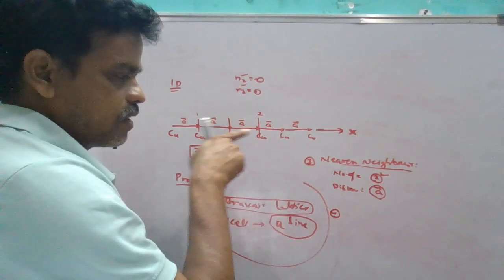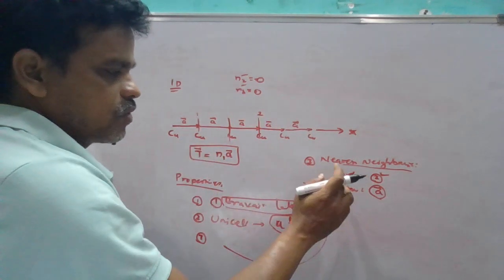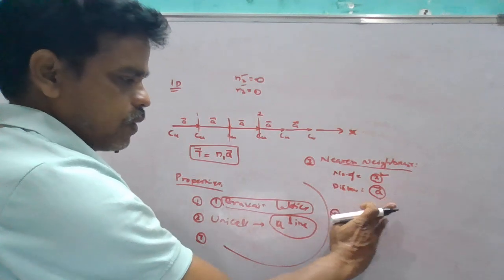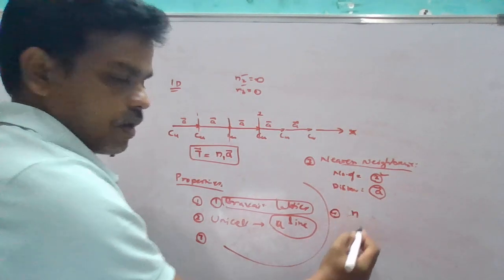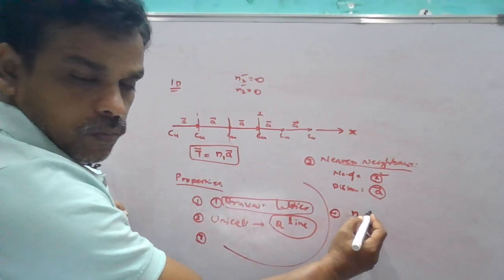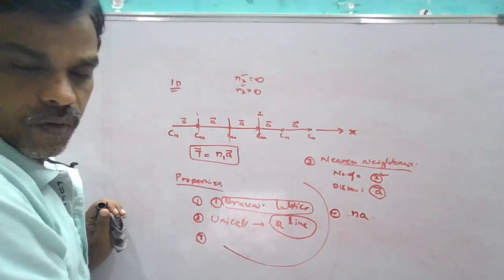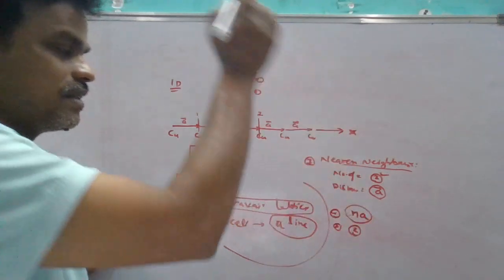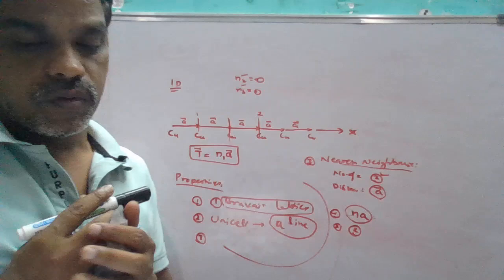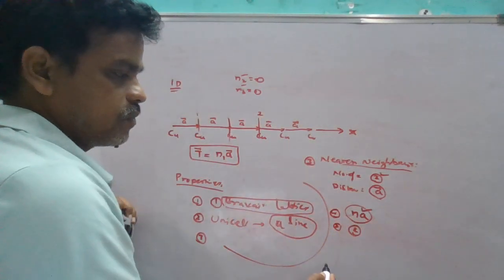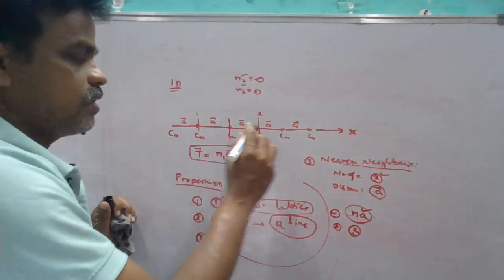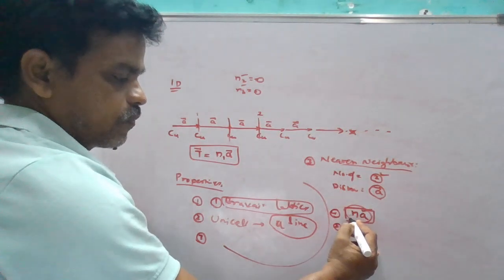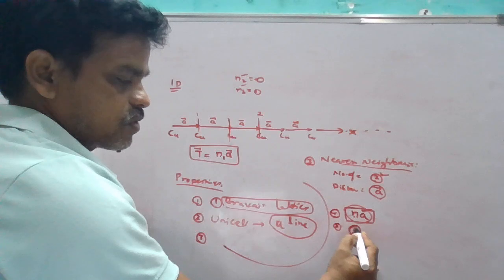The nearest neighbors are 2, but for the nth neighbor, the distance is n into a. The nearest neighbor distance is a, the number of nearest neighbors is 2, and the nth neighbor distance is na.